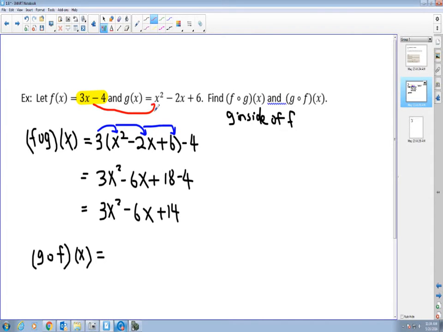So that will be here and right here. Alright, so normally function g says x squared. Now I will replace the x with the 3x minus 4, whole thing squared, minus 2 times the 3x minus 4.